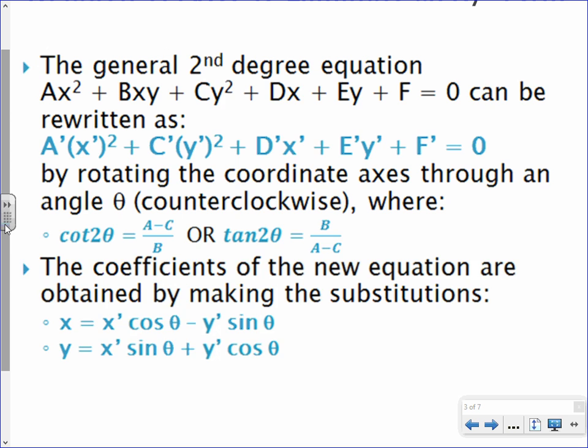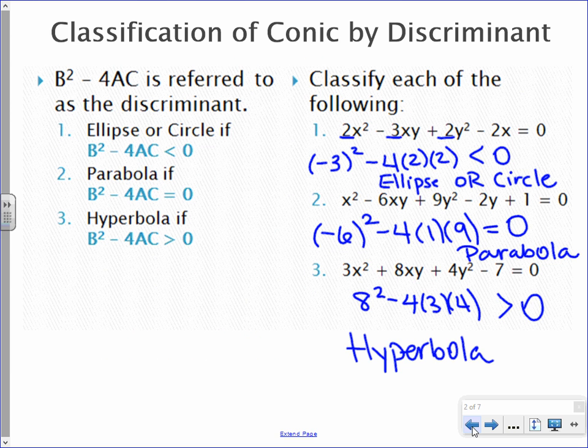So what happens, if we think of an ellipse and a hyperbola, there's 2 pieces, right? Those 2 aren't functions. So if we graph an ellipse, we could graph the top of the ellipse and the bottom of the ellipse, where a parabola only has 1 part. So kind of like Jackson was saying with the discriminant 0, basically we have y equals only 1 thing, and so it's giving us a parabola.